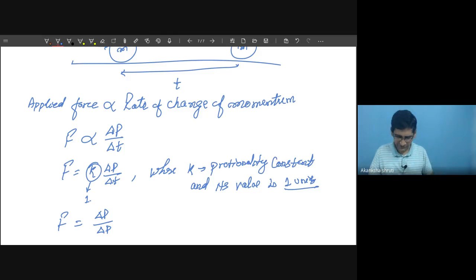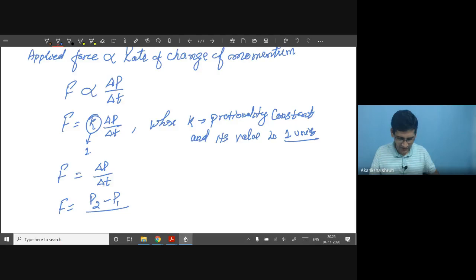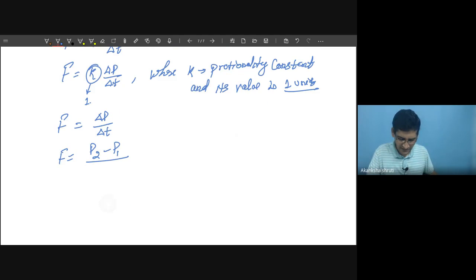It is this one. But this delta P can be replaced by P2 minus P1, meaning momentum at different states, state 1 and state 2, and the delta T is basically T2 minus T1. It is the complete definition.